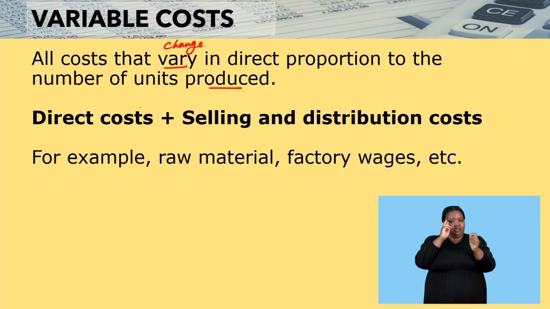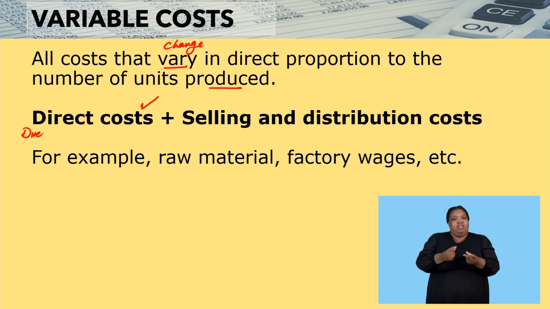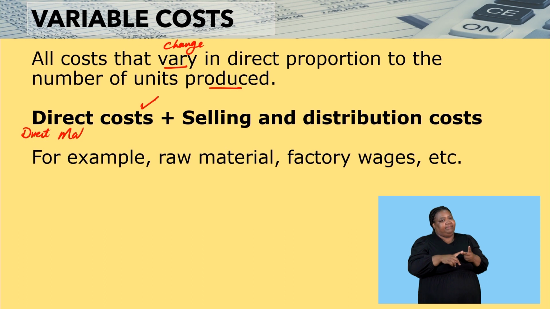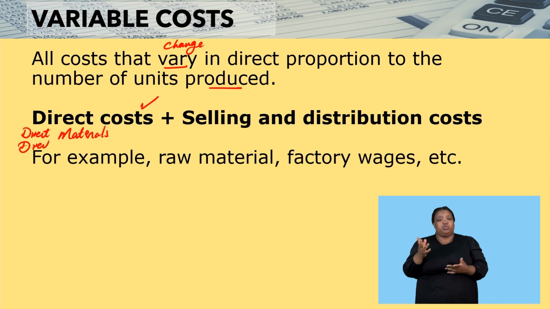And the formula to get variable cost, it is direct costs. You remember what comes into direct cost? We have two direct costs that we've spoken about. Yes, you have your direct materials. What is the other direct one that you still remember? Direct labor.